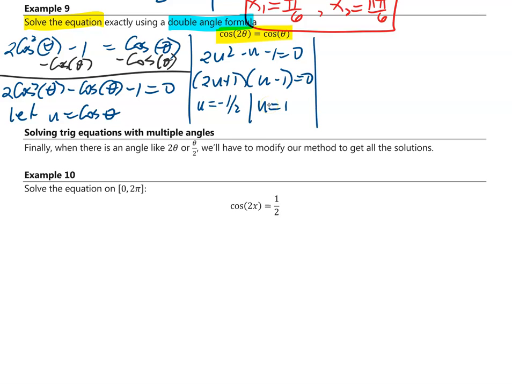We use u is equal to cosine theta, so cosine theta is equal to negative 1/2. So inverse cosine of negative 1/2, and that is equal to 2 pi over 3, and the other one is 4 pi over 3.